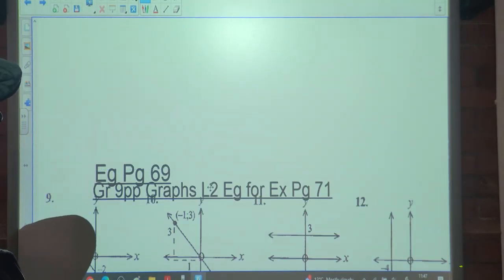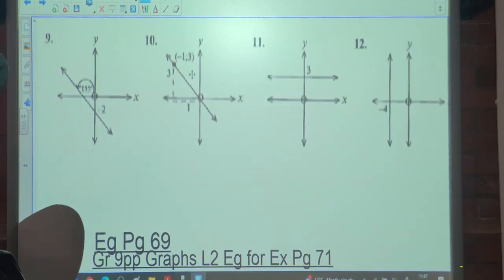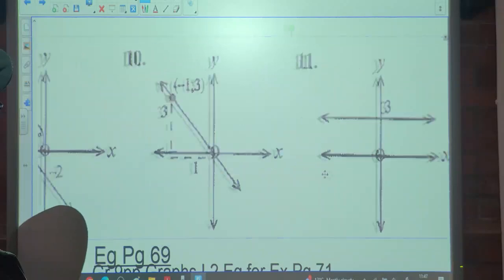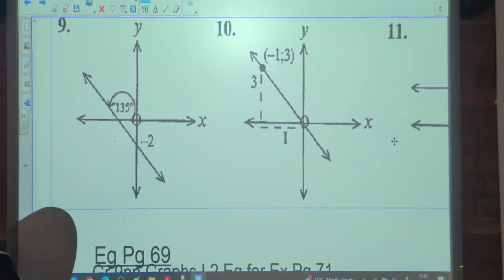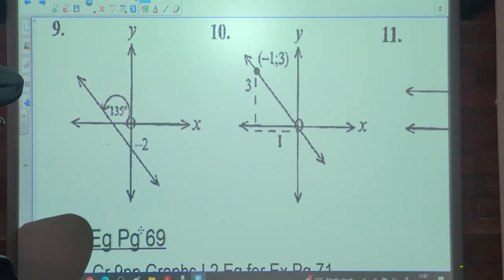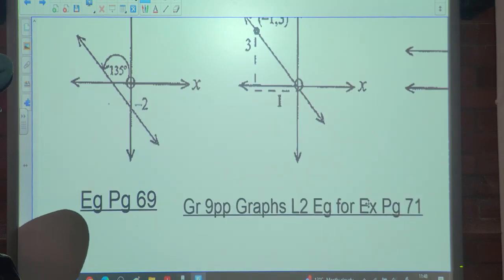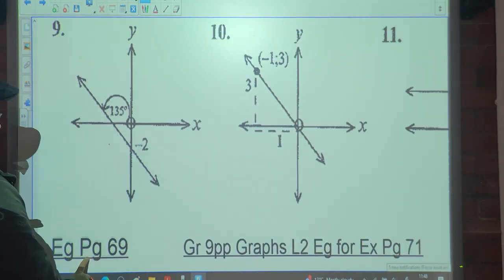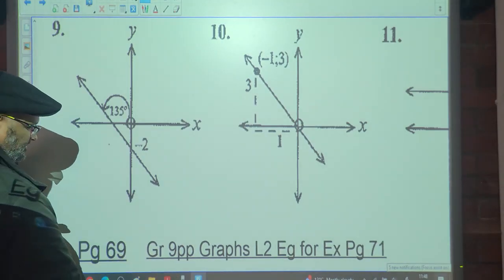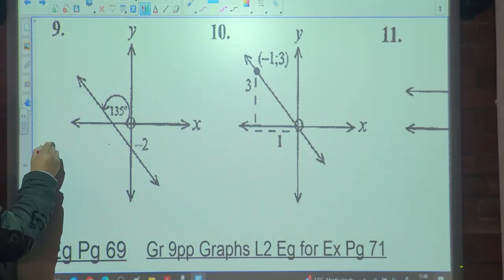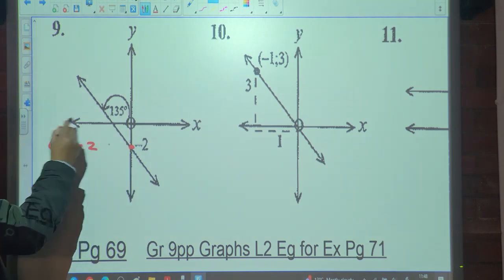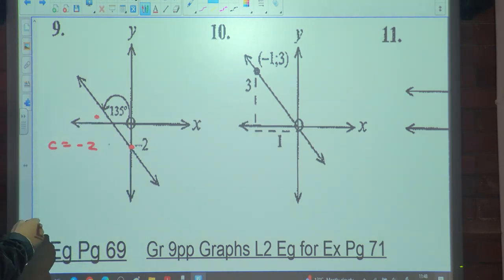Number 9. So what value do you see here? Negative 2. What is this angle here?